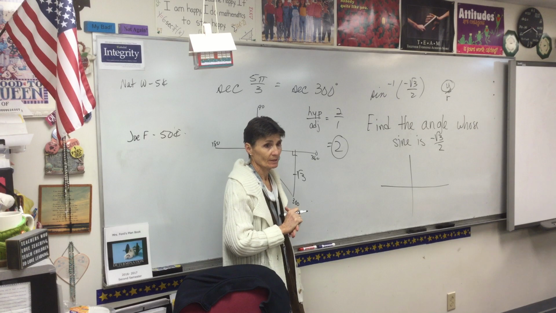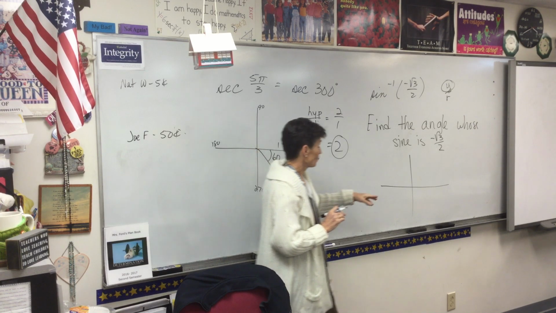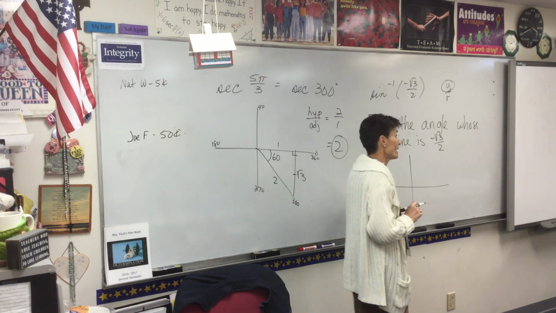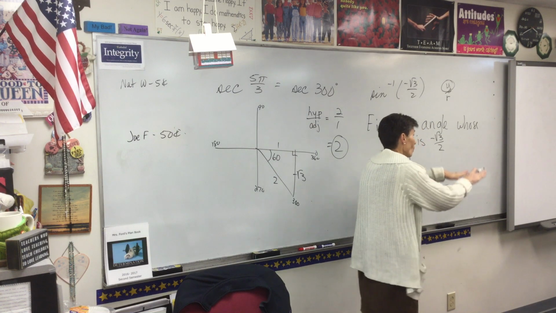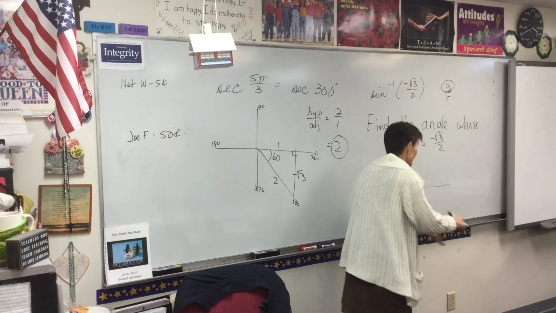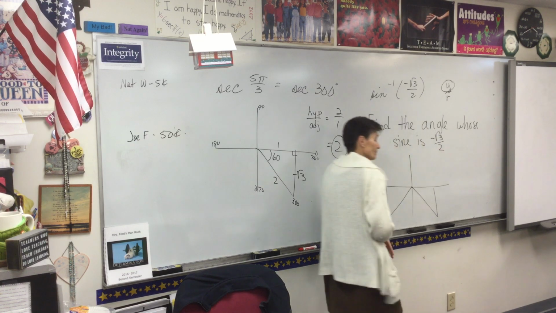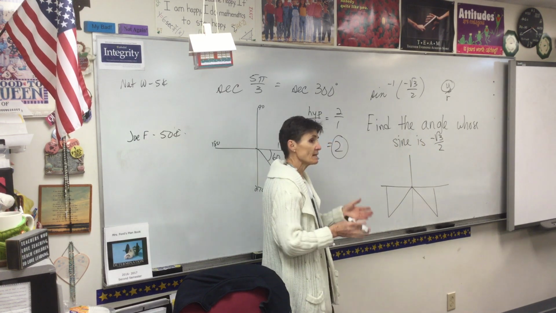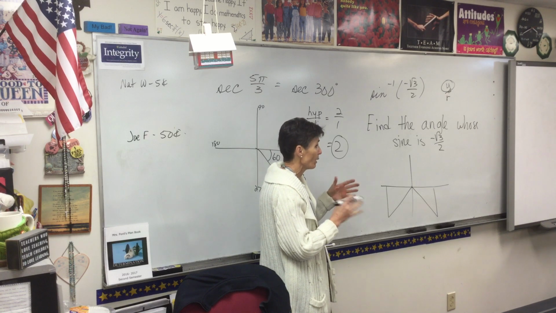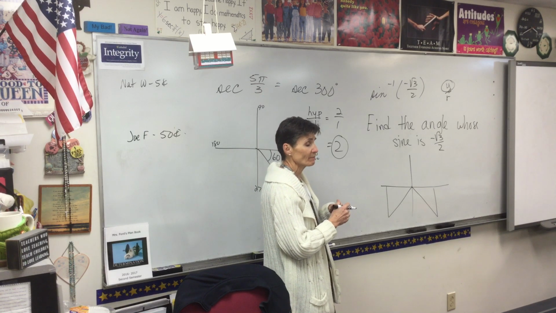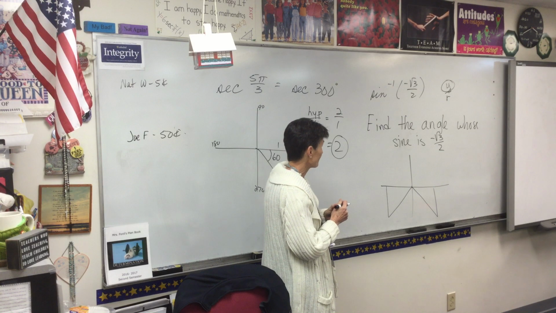Where is it negative? Quadrant 3 and 4. Isn't y negative down here? So you've got a triangle here and a triangle here. They're both the same size, so you don't have to label everything in both of them, but you have to know you've got one in each spot.